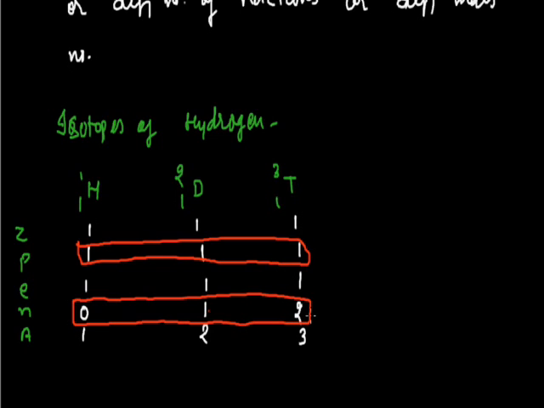So there is a difference of neutrons, so mass will also change because number of neutrons is changing. The first one is known as protium, the second one is known as deuterium, and the last one is known as tritium. And obviously the heaviest of these three isotopes will be tritium because its mass number is highest.